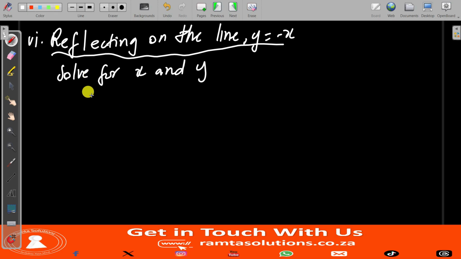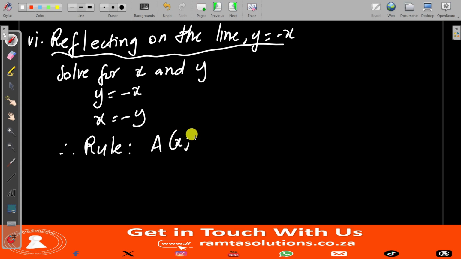So we can see y equals negative x. But what is x? x equals negative y. Okay, what do we do then? This therefore implies that the rule here is, if A is x and y, A prime will be, what is the value of x?